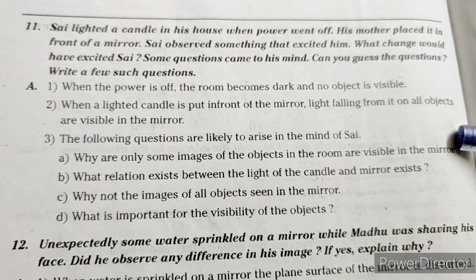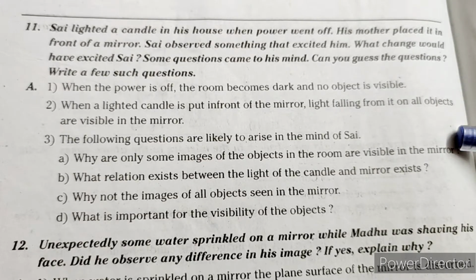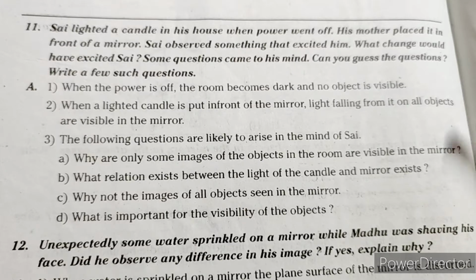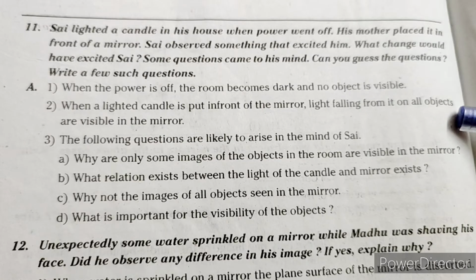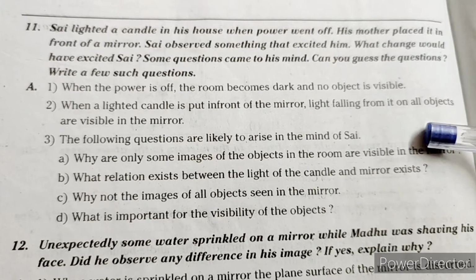Answer. When the power is off, the room becomes dark and no object is visible. When a lighted candle is put in front of the mirror, light falling from it on all objects makes them visible in the mirror. The following questions are likely to arise in the mind of Sai.